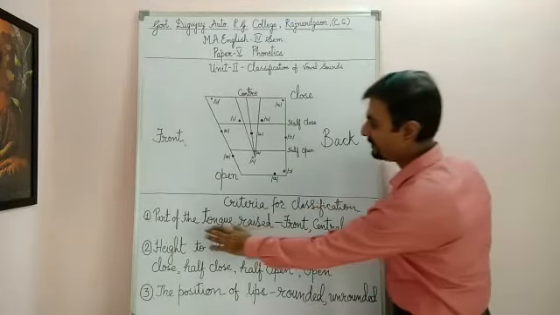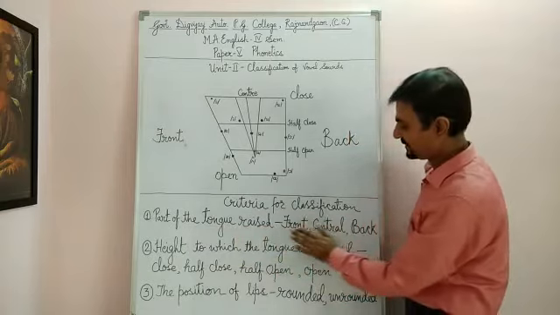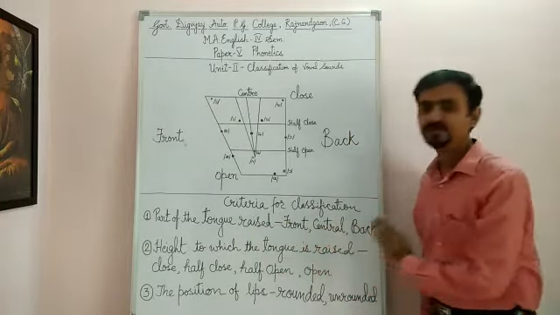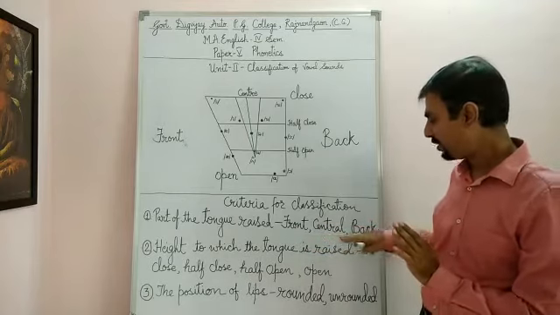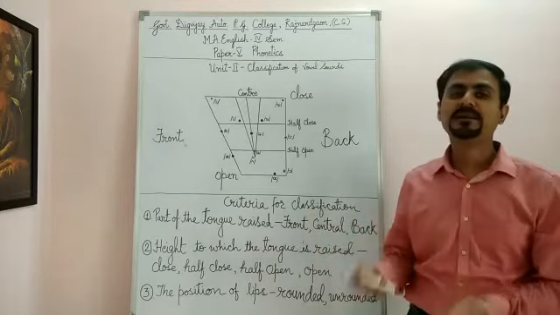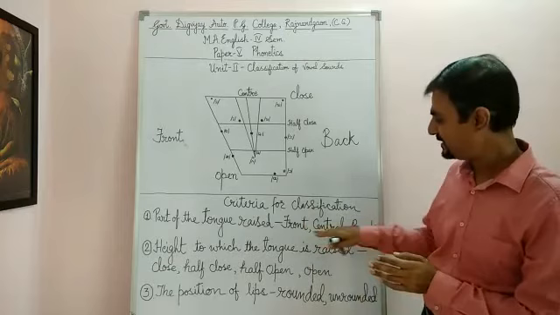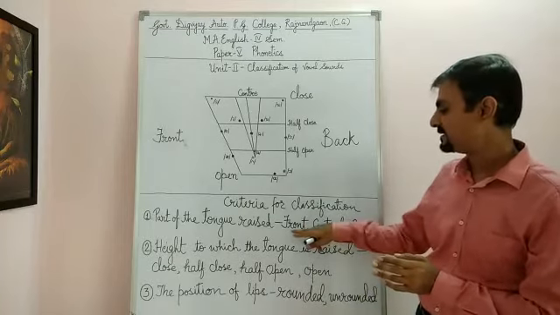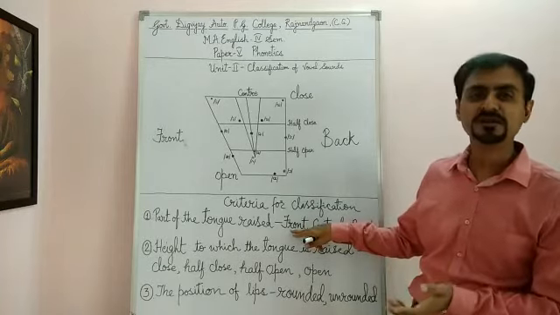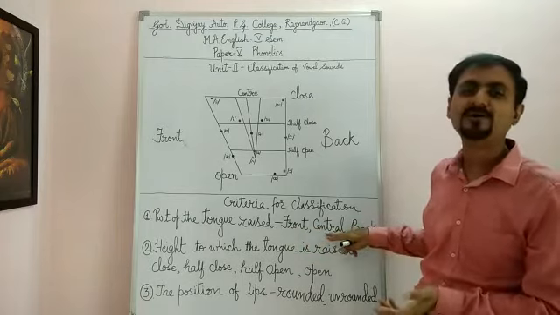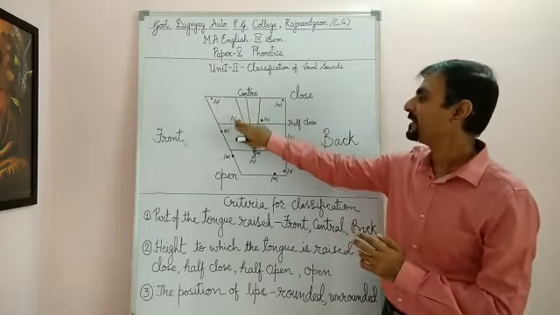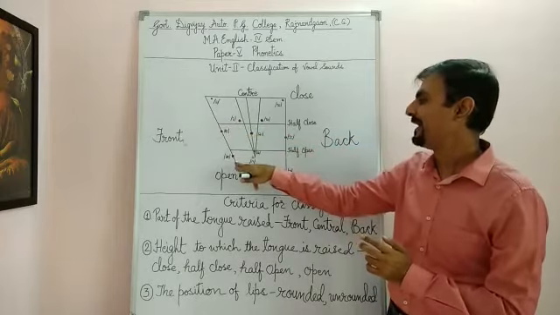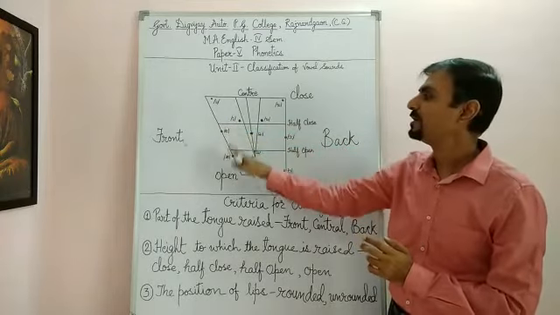The first criteria is the part of the tongue raised, and in that category we have three options: the front, the center, or the back. And the label that we use is front, central, or back. We can name a vowel as a front vowel, or a central vowel, or a back vowel. For example, E, I, and A. These are all front vowels.